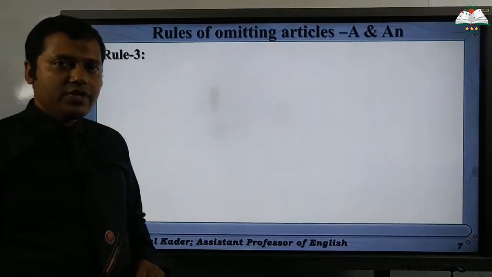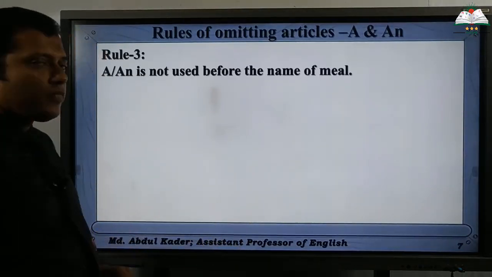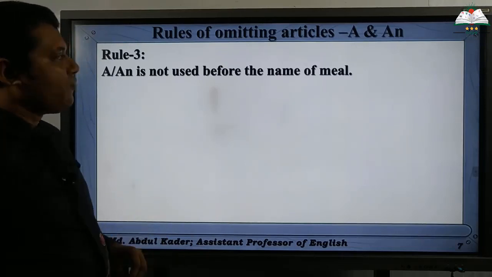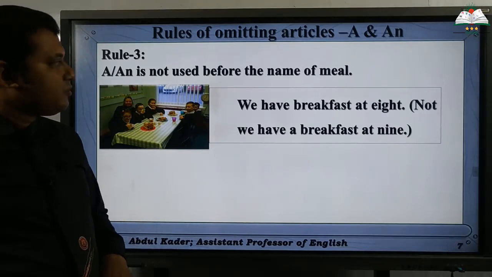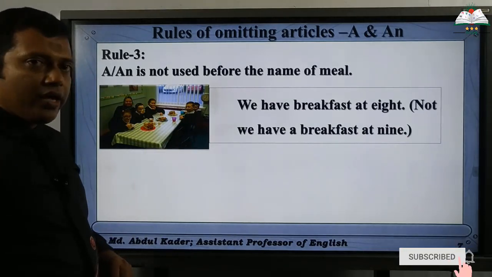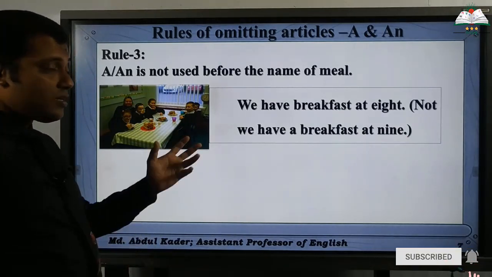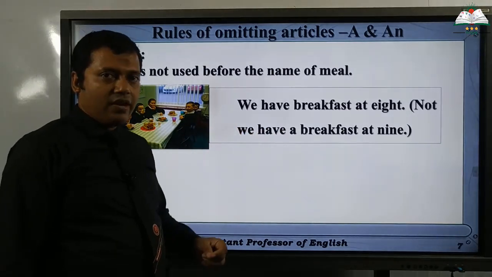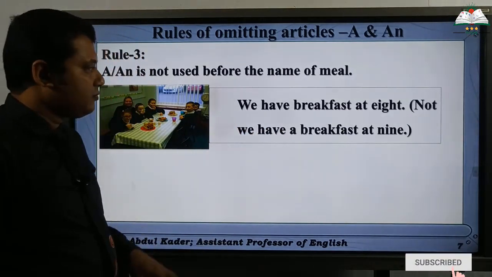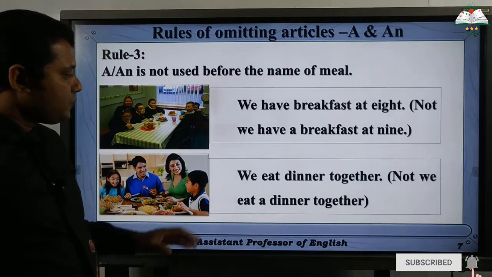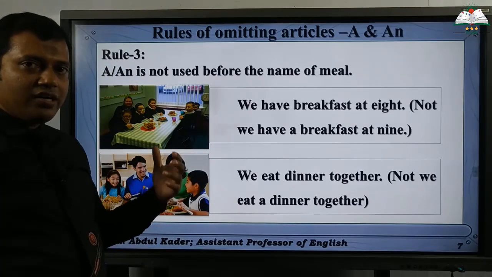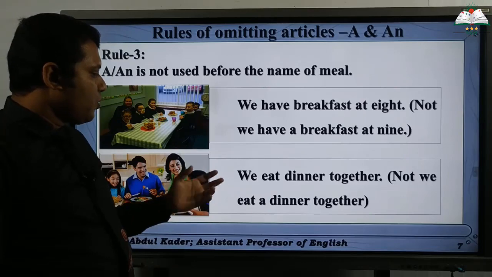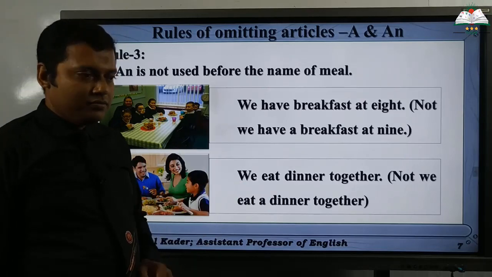Now, rule number 3, dear student, A or N is not used before the name of a meal. Look at the example. We have breakfast at 8. You can't say we have a breakfast at 8. We eat dinner together. That means you are not allowed to say we eat a dinner together.